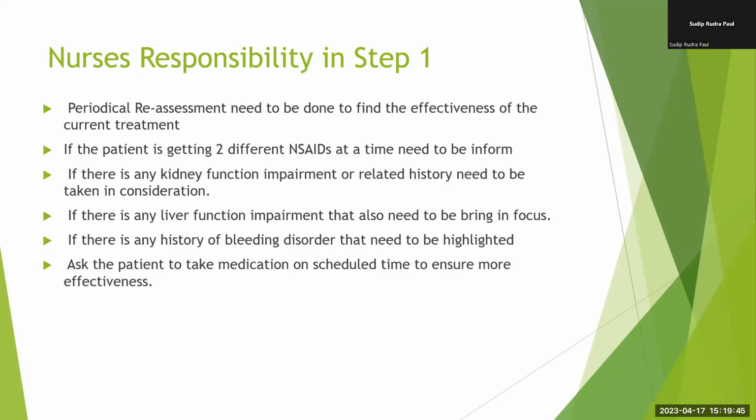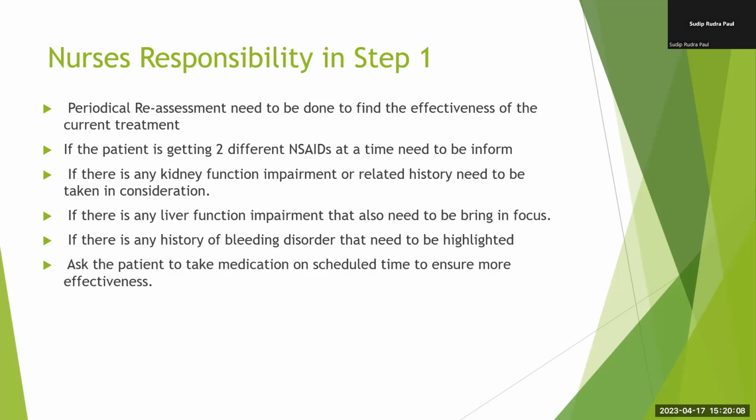If the patient has any history of kidney function impairment or liver function impairment, we have to inform our on-duty doctor so that they try to avoid NSAIDs as much as possible.